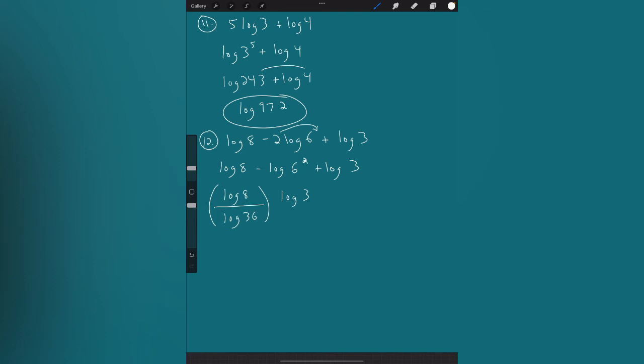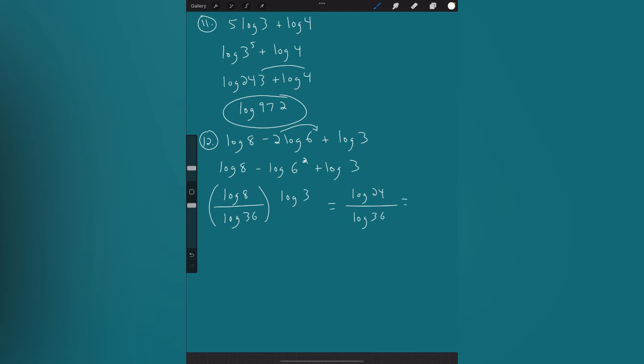Multiplying straight across, because log 3 is the same as log 3 over 1, log 8 times log 3 means 8 times 3, which is log 24, and then over log 36.